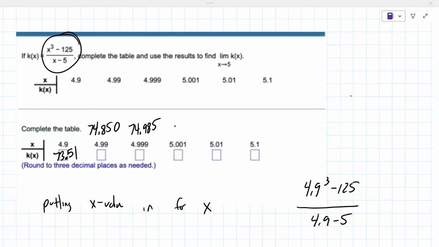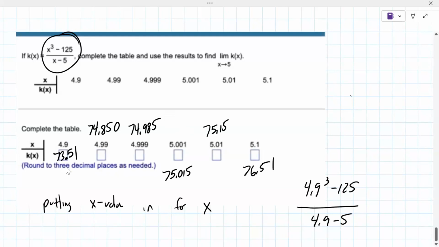All right, so this one, we'll go back to the bottom here, 75.015. Then 75.15. And 76.51. And then if there is a part B, let me know.